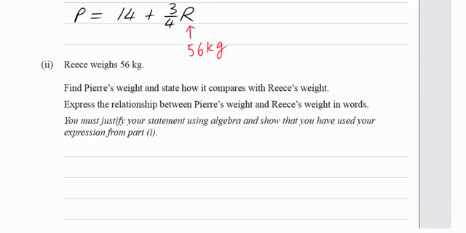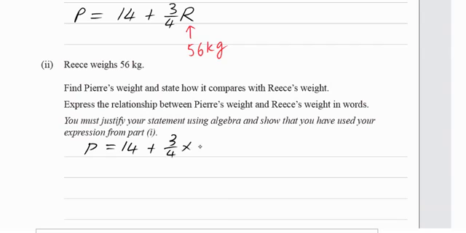So basically what they're saying there is write out your equation from before, but instead of R, write out 56. So we're going to multiply that by 56.